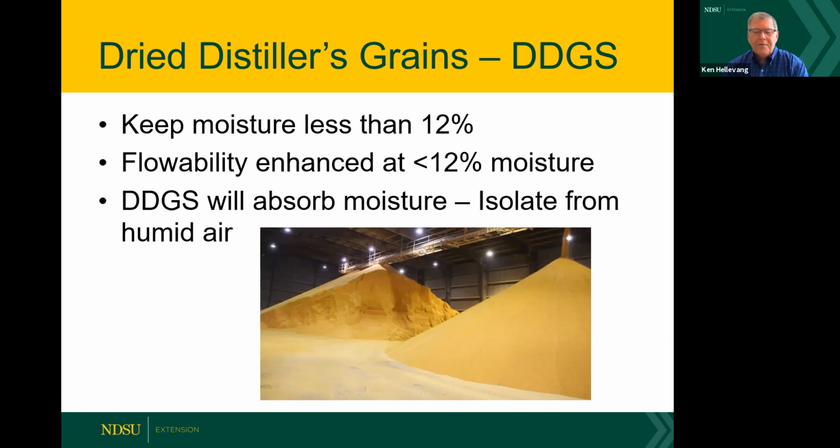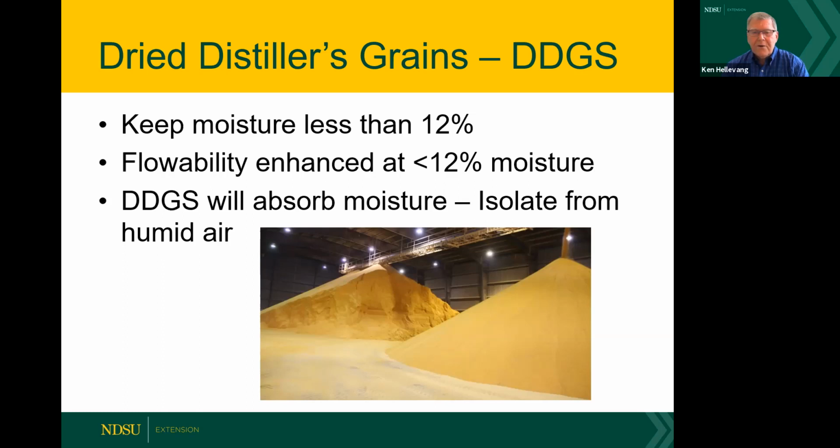And that would be similar to what we're seeing with the equilibrium moisture content and storage moisture contents that we previously talked about for corn. Flowability of DDGs is also enhanced at that lower moisture content. So that's another benefit of keeping the moisture content at 12% or less.